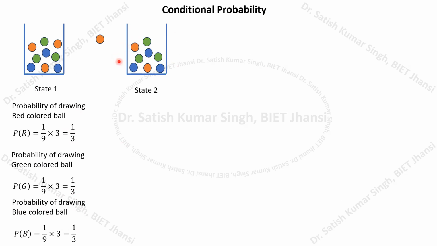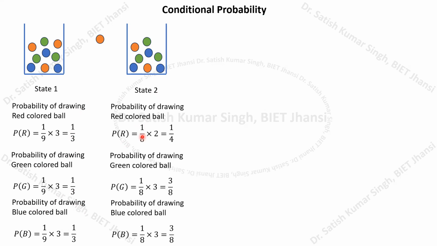Now this system has a total number of balls equal to 8, in which we have 2 red balls. Now if I ask you what is the probability of drawing the red ball, you can see this probability will change. The probability of drawing the red colored ball is now, there are a total of 2 red balls, so the number of favorable outcomes is 2 and the total number of outcomes is 8. So it is 2 by 8, which becomes 1 by 4.